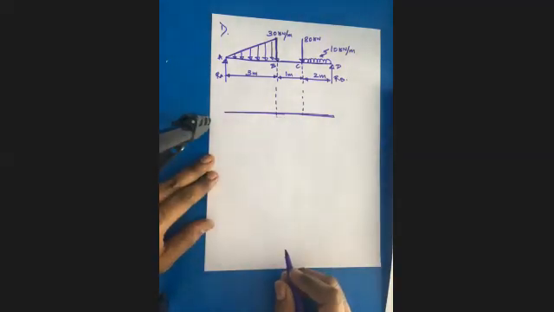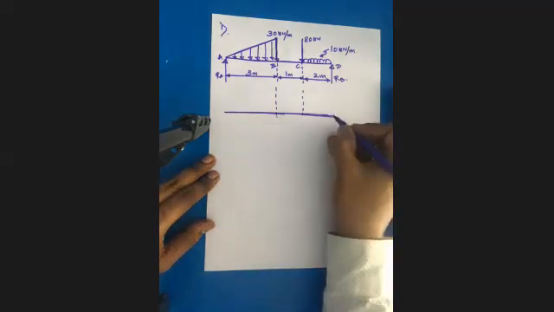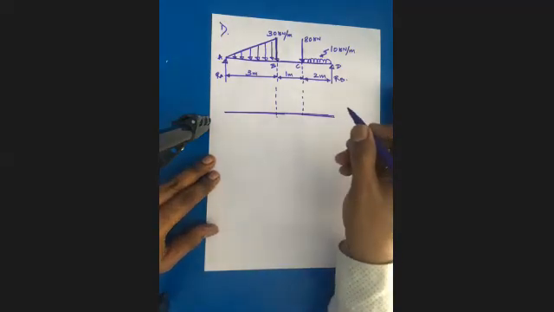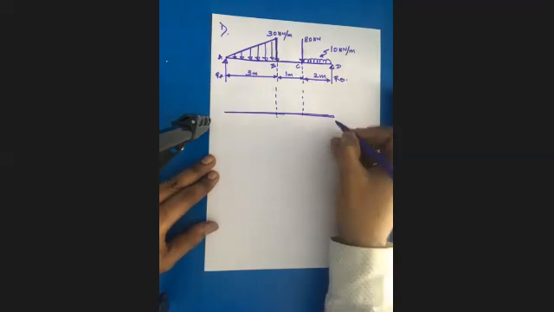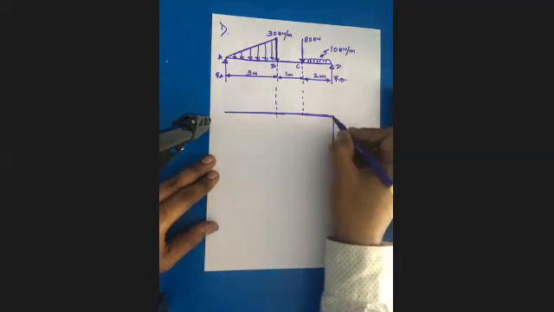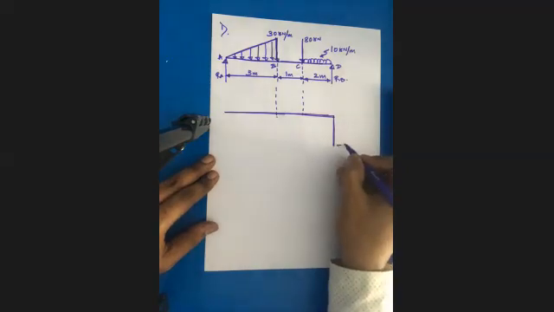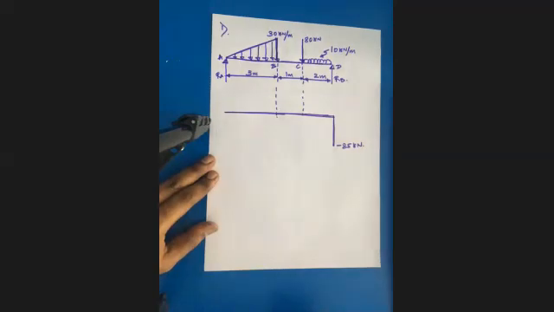So at point D, what's the SFD? SFD is minus 85 kilonewton, and since it's minus, we need to represent it below the datum line. So here is how it will be. Minus 85 kilonewton. And at point C, it becomes minus 65 kilonewton.